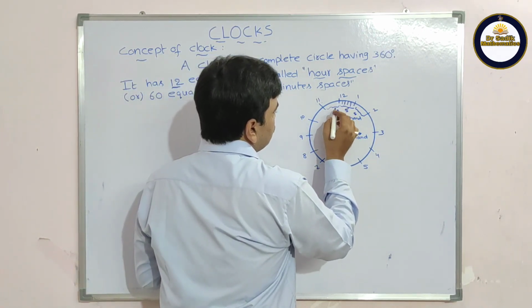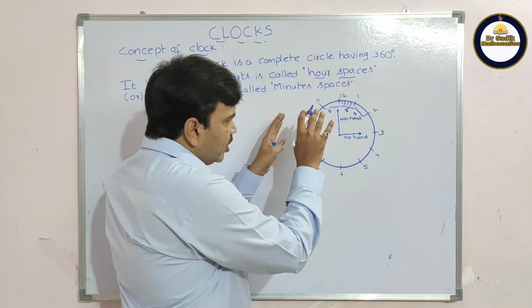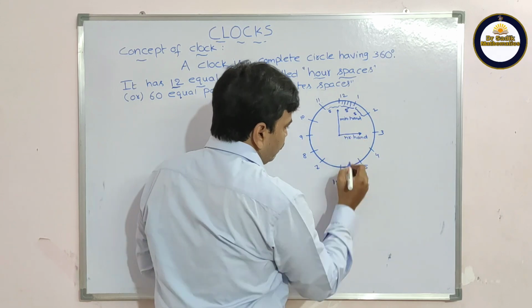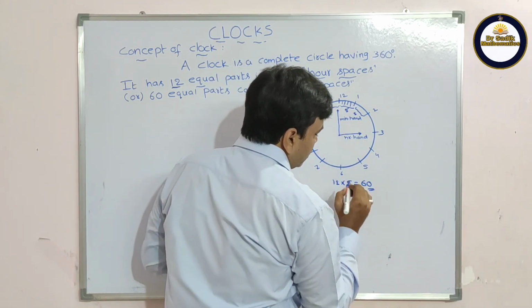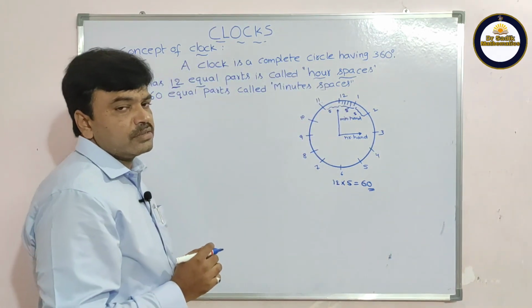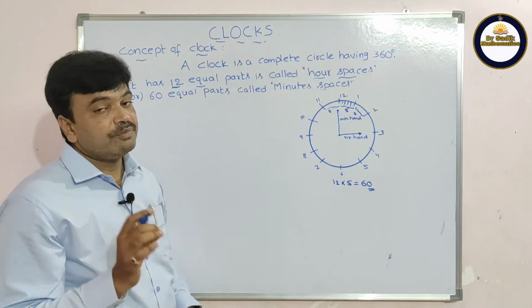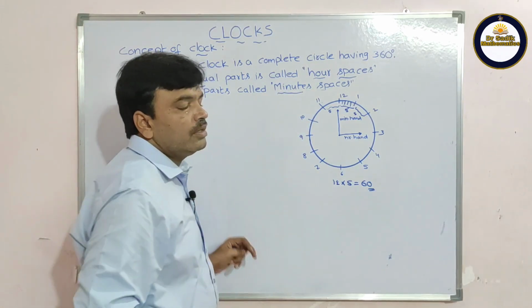Between 11 and 12 also 5 equal parts. So 12 hours into 5 equal parts gives 60 divisions. These 60 equal parts are called minute space.